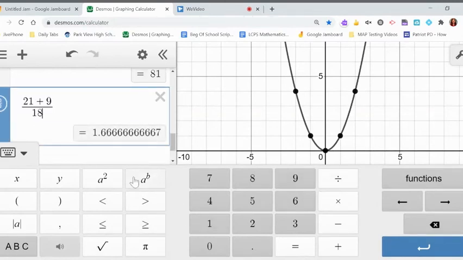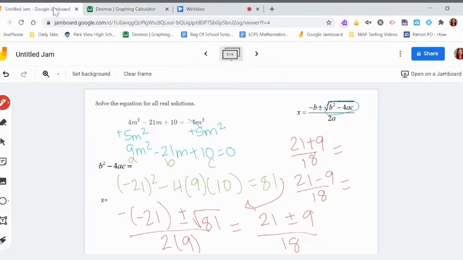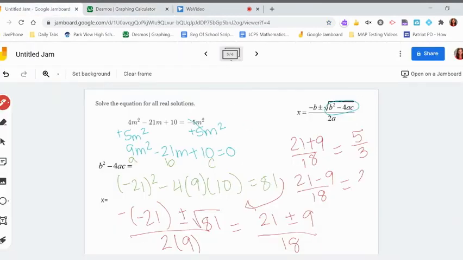And if I get a decimal, I do like the fraction better. So 5/3 is the plus, and 21 minus 9. So I can just change this plus, minus, and I get 2/3. These are your solutions. Remember, if we get a positive discriminant, we have two solutions. Those are our two solutions.